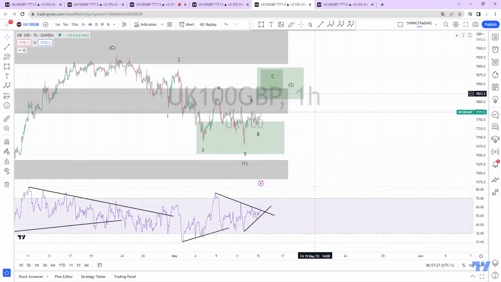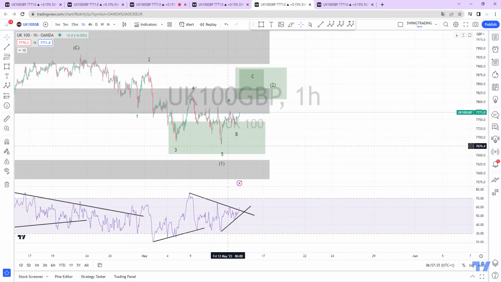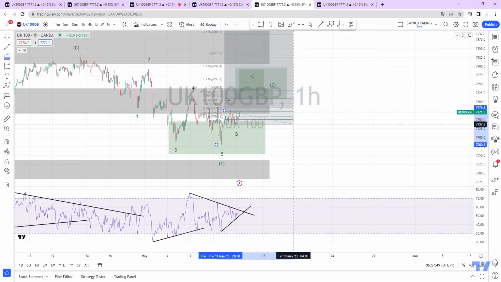However, we can be a bit more specific about this zone because it looks like we are making an ABC here, which is a typical pattern for a wave two, an ABC correction to the upside.